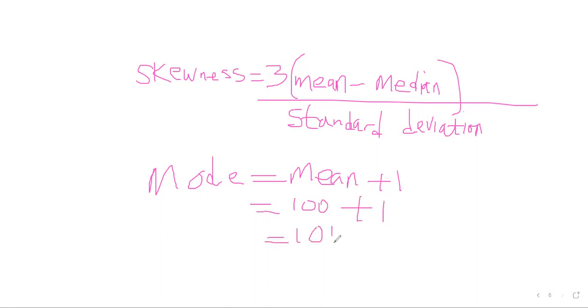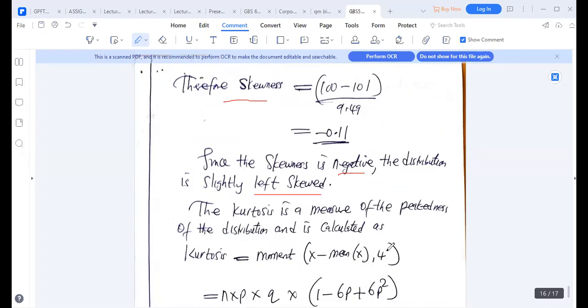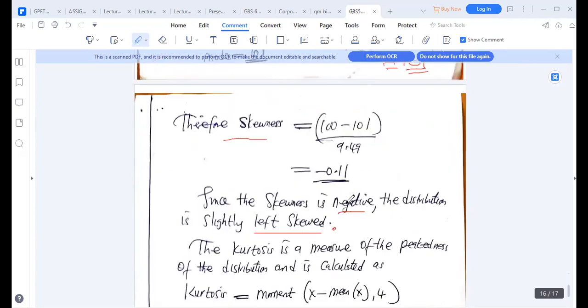In this case, we are simply saying the data set is negatively skewed. Since it's negative, the distribution is slightly left skewed. So this is about what we have on this one, where they are asking us to calculate the moment of skewness, and we have gotten this figure as negatively skewed.